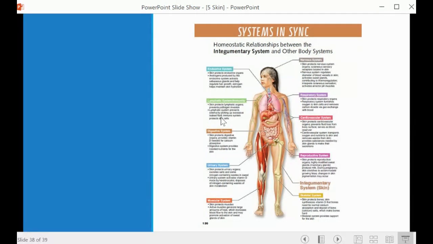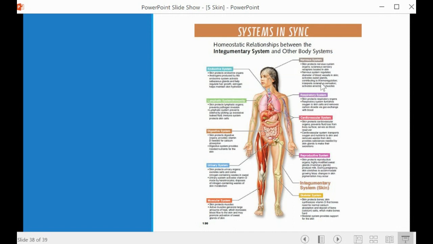Edema is swelling, and the lymphatic system prevents it by picking up any excessive leaked fluid. The digestive system provides any needed nutrients for the skin. The urinary system is going to activate the vitamin D made by those keratinocytes. The muscular system is going to be generating heat, which can increase the blood flow to the skin.